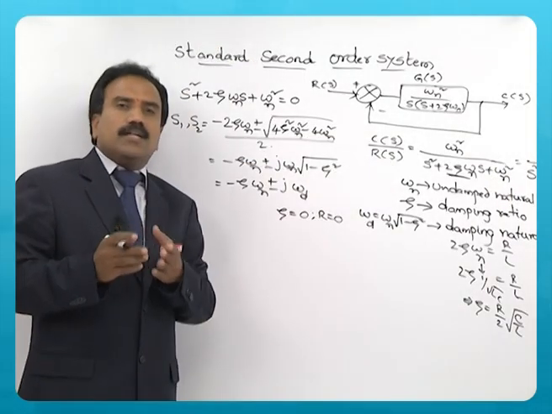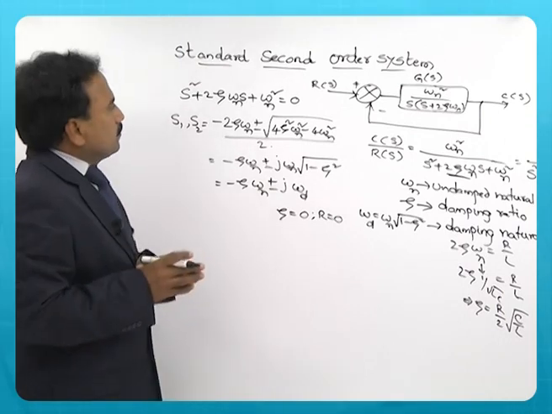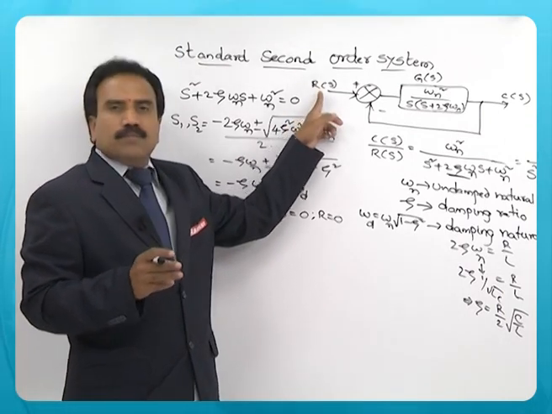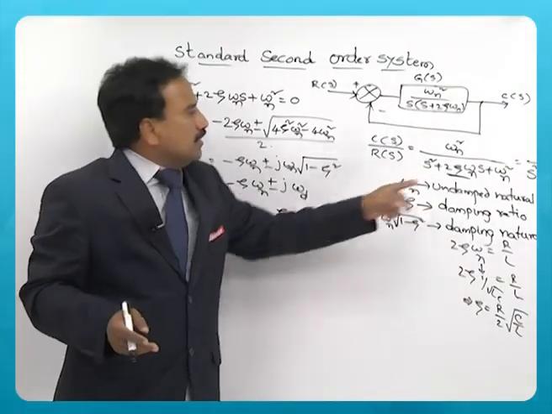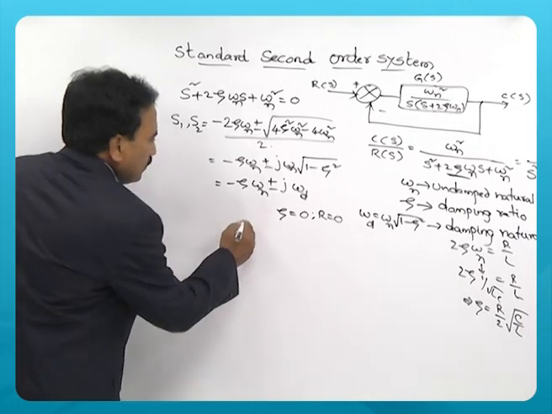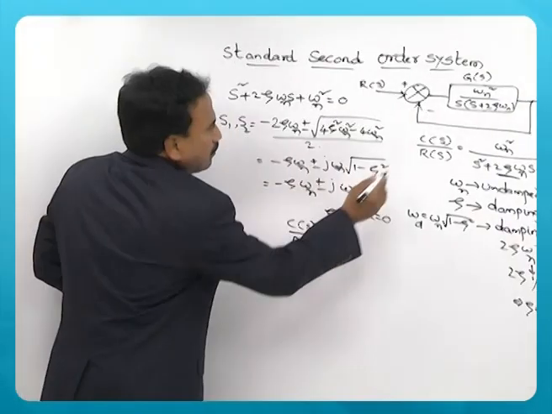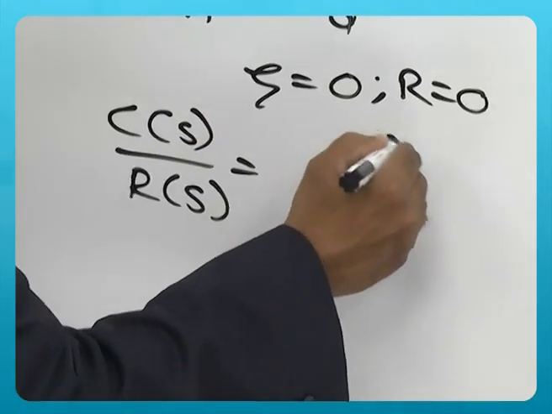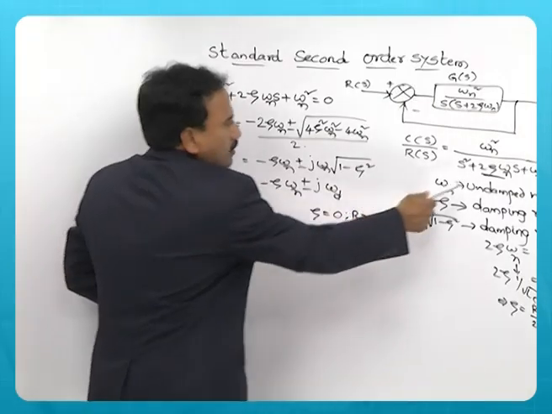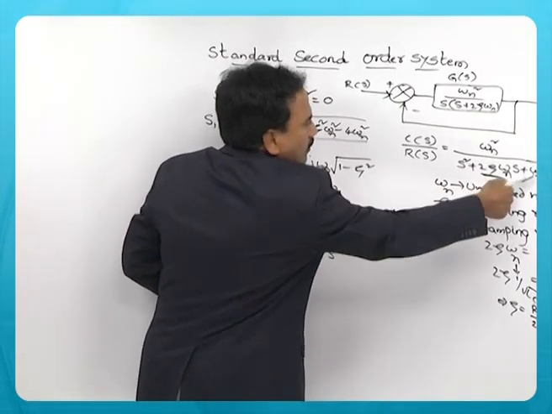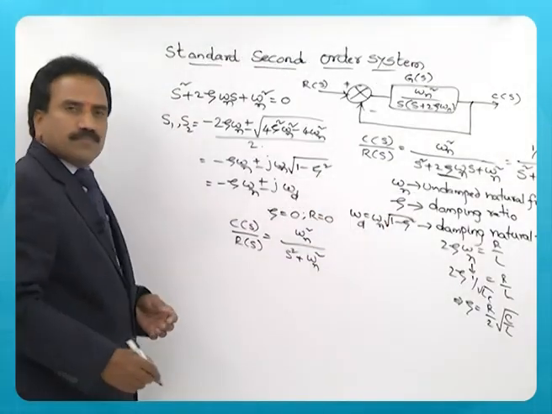It is then called an undamped system. Let us see what happens to the transfer function when this undamped system is excited by some impulse input. C of S by R of S is given by omega n square by S square plus omega n square, because zeta is 0 so the middle term is absent.